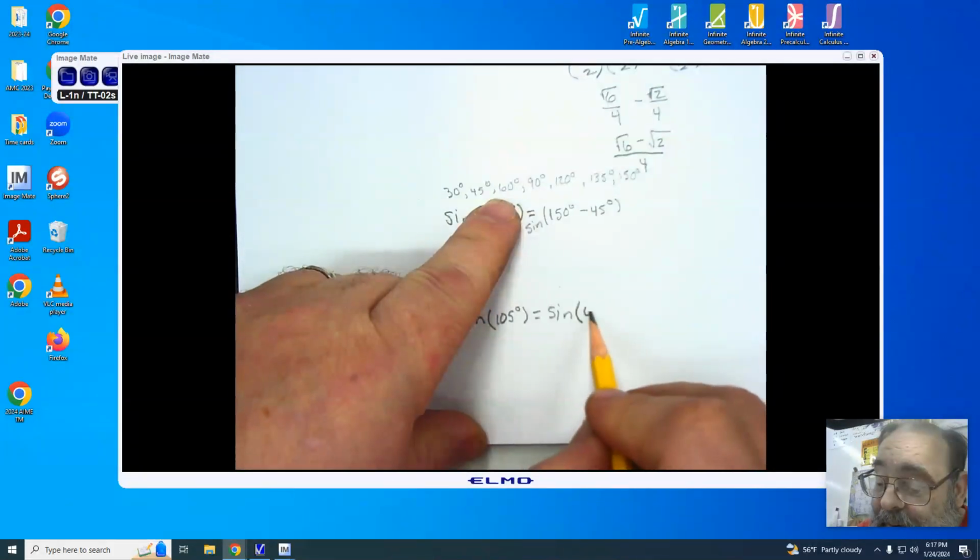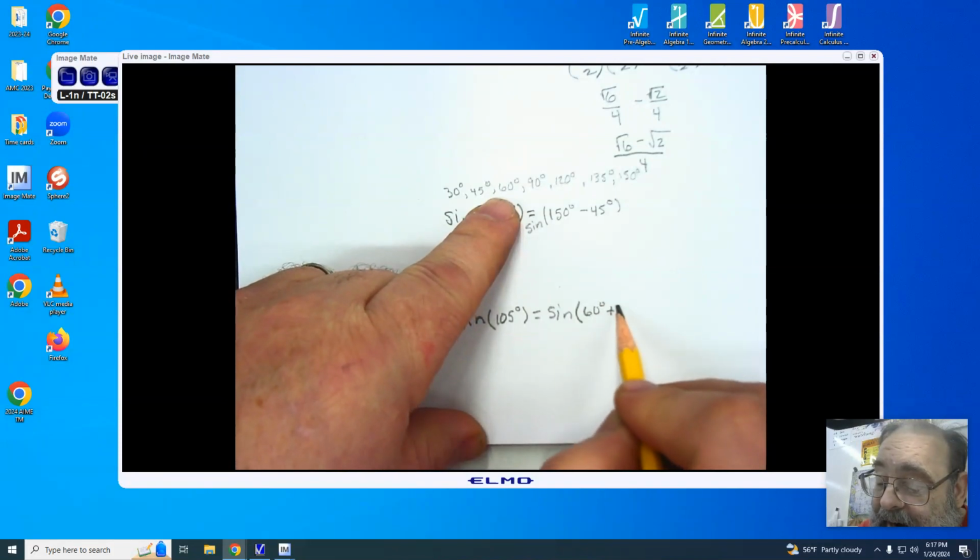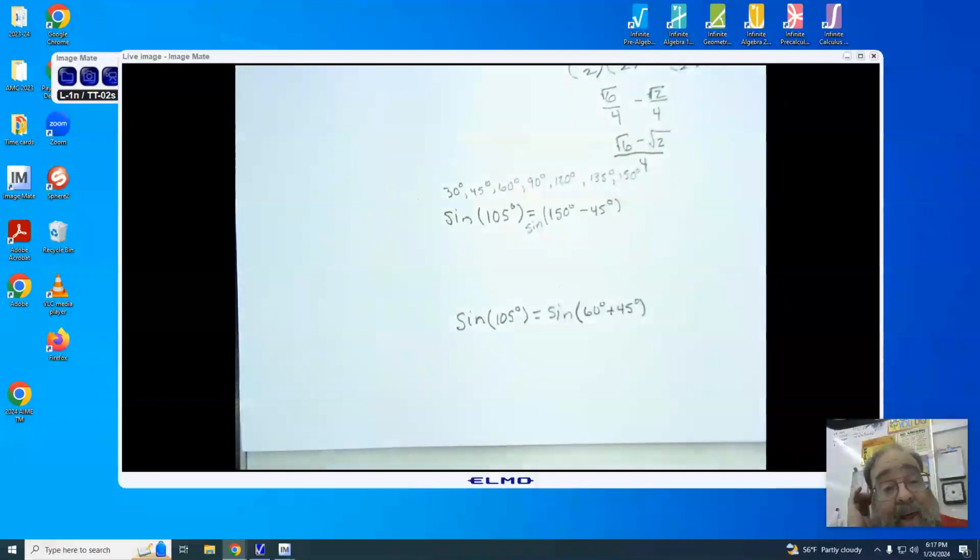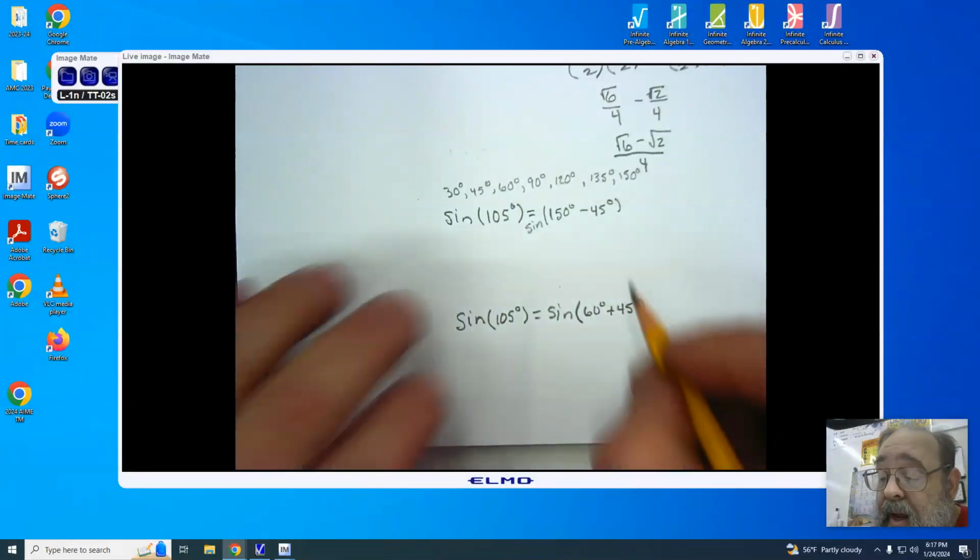So I'm going to put my 60 degrees, and I'm adding 45 degrees. Now, notice you may be better off using your angles in the first quadrant as opposed to finding angles in the second quadrant. As a result, you may find it easier to do the sum as opposed to the difference. Either way, you will end up getting the same answer.